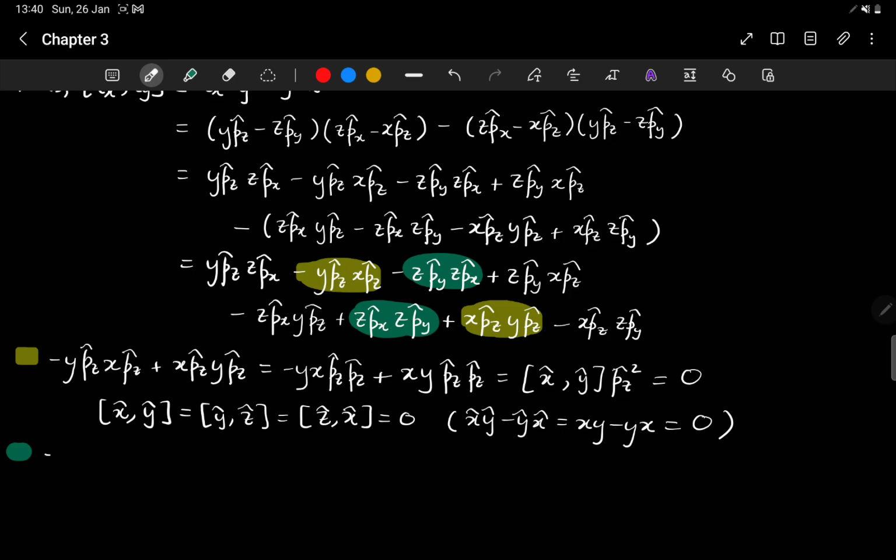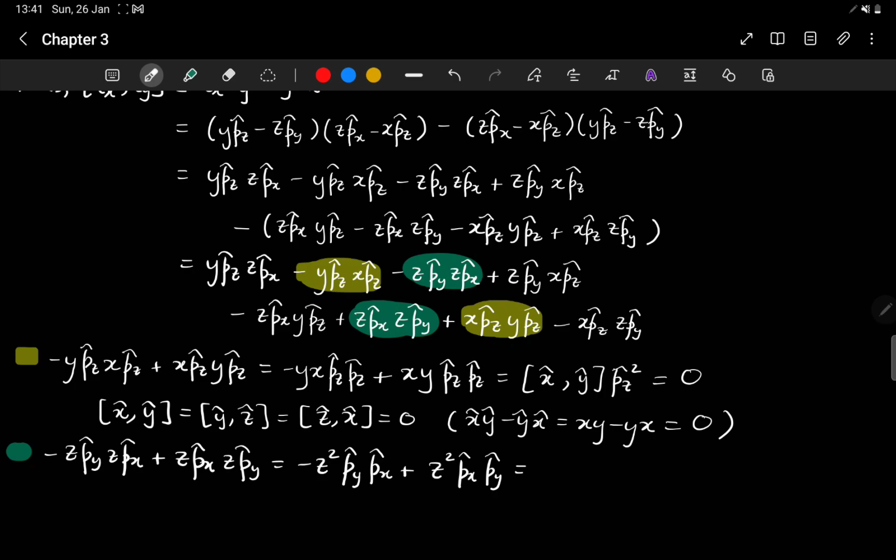So again we have negative z py z px plus z px z py. Again, py does not operate on z, so z comes out, giving me negative z squared py px. And similarly, px does not operate on z, so z again comes out, z squared px py.